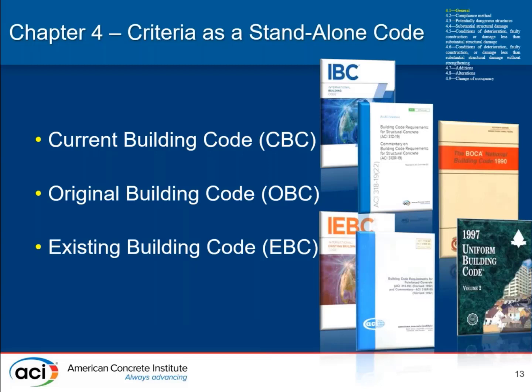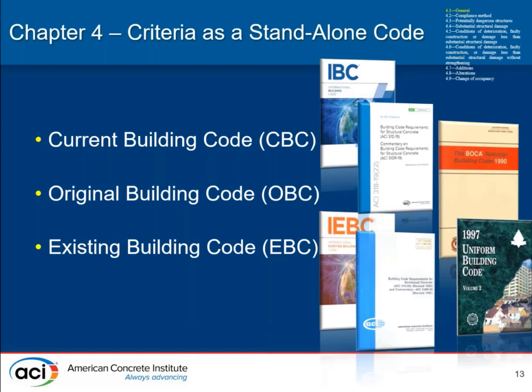And finally, we have the existing building code, which Keith talked about yesterday. It's the code for the assessment, repair, and rehabilitation of existing buildings. In the United States, this is commonly the International Existing Building Code, or IEBC, developed by the International Code Council, ICC. The IEBC provides regulations for evaluating damage and the limit for damage to be repaired using the original building code.